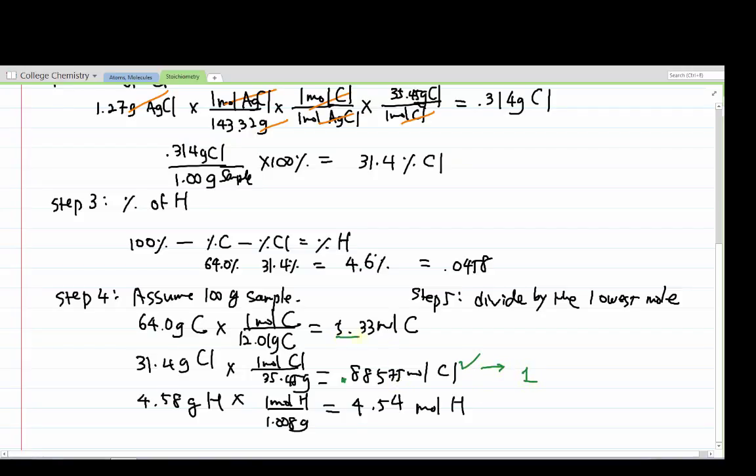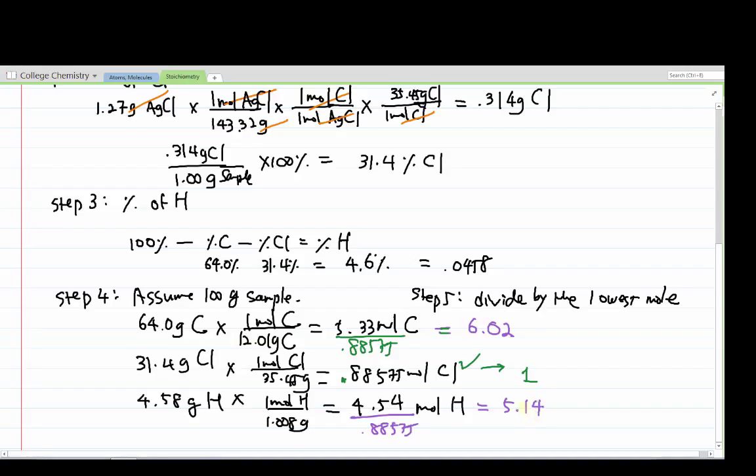When we divide this by 0.88575, you should get around 6.02, and if you divide this by 0.88575, you should also get about 5.14.